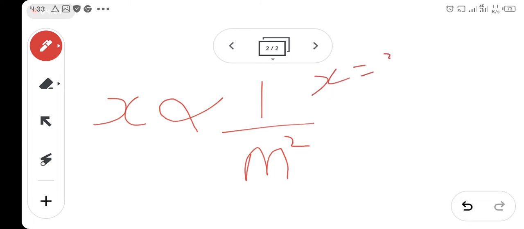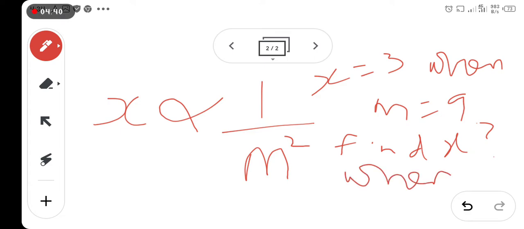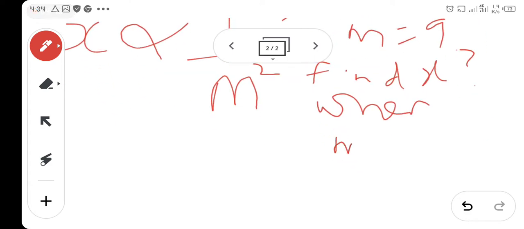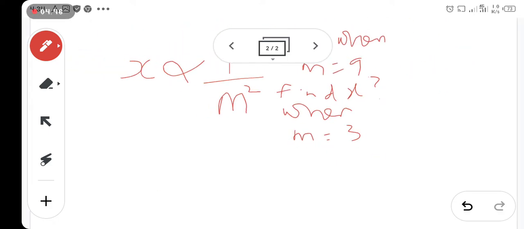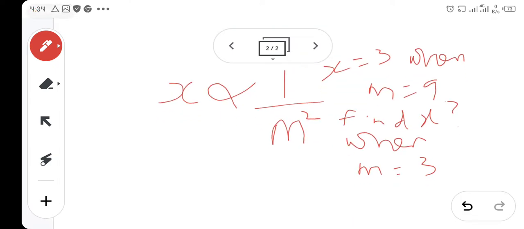And we have to find x when m equals 3. So the question: x is inversely proportional to m squared. When x is 3, m is 9. We want to find x when m is equal to 3. So how do we solve this?